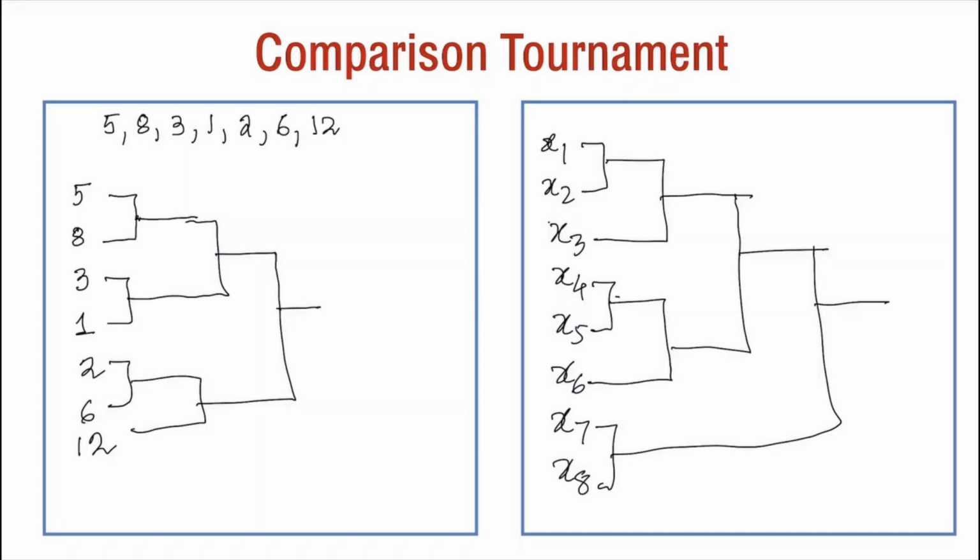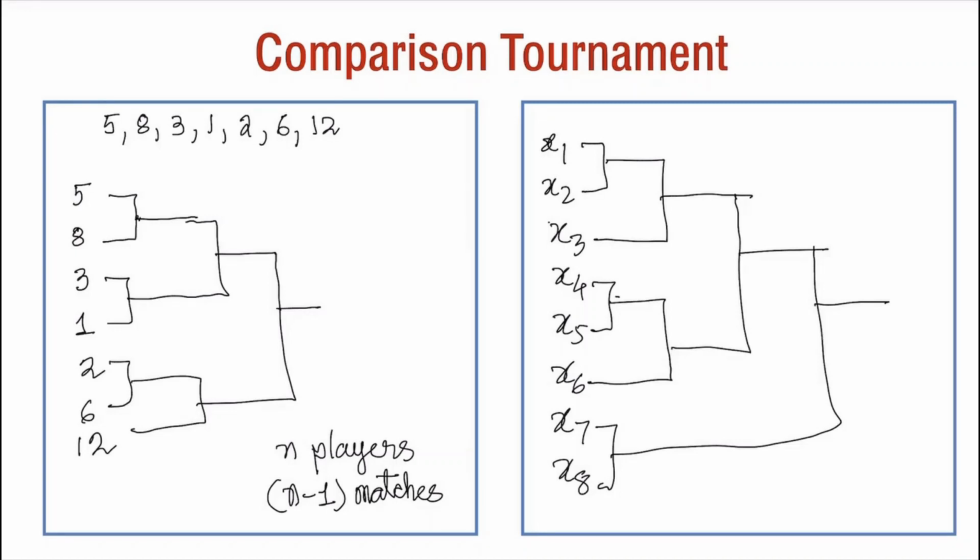And you can show that any way you generate a tournament, if there are n players, you will require n minus 1 matches to determine the winner, whichever way you fix up the tournament.